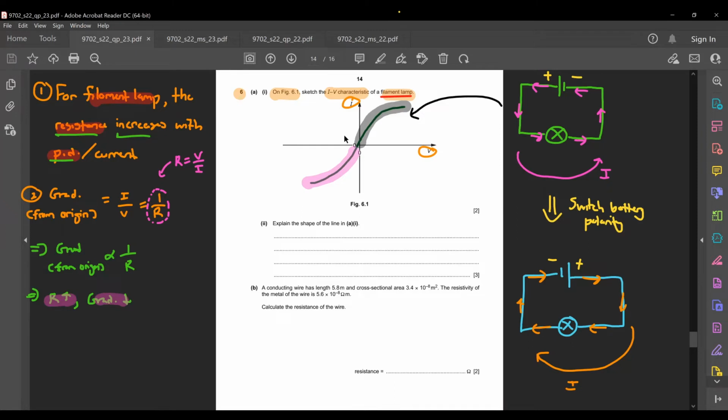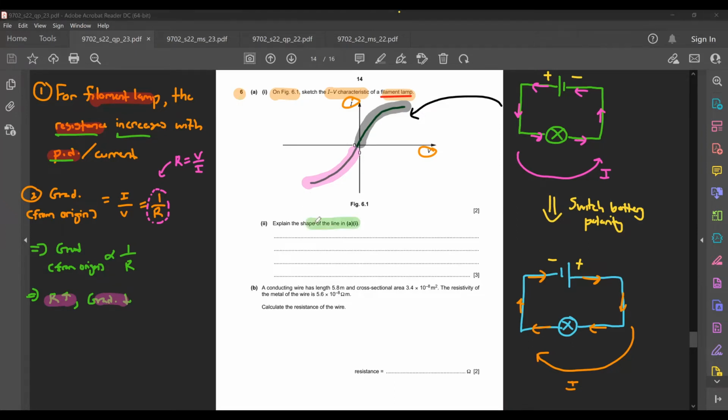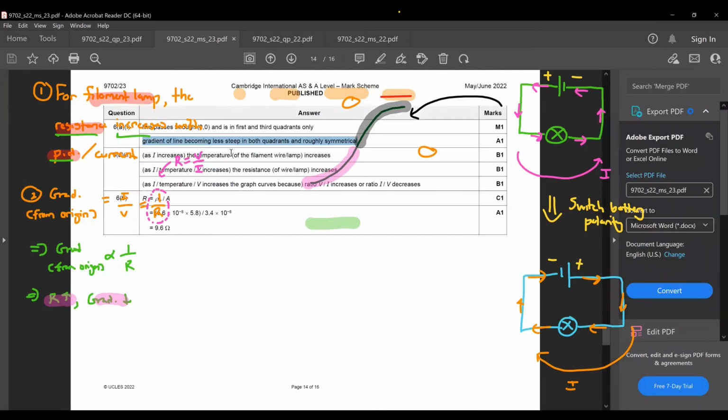Now, for the second part, explain the shape of the line that you just drew in A1. Let me have a look at what the answer said. Oh yeah, explain why the resistance increases.